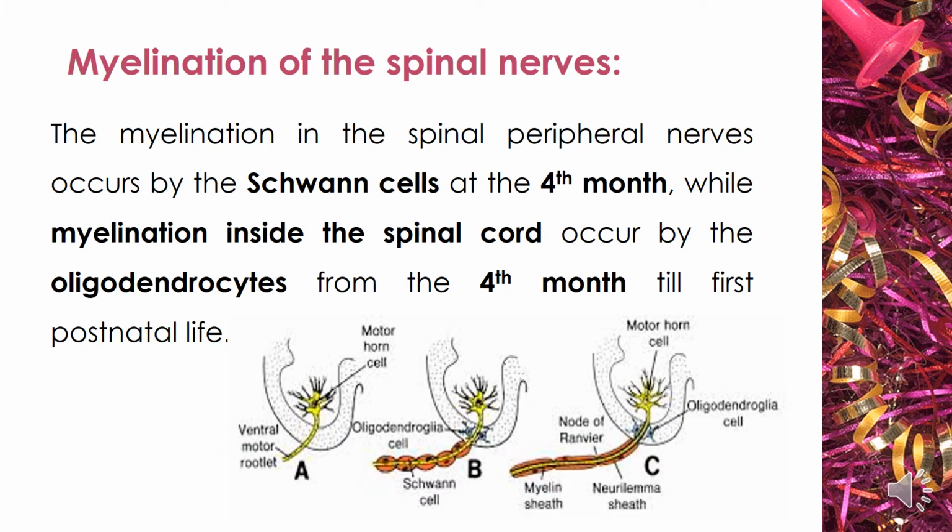Now, myelination of the spinal nerves. Myelination in the spinal peripheral nerves occurs by the Schwann cells at the fourth month, while myelination inside the spinal cord occurs by the oligodendrocytes, also from the fourth month until the first postnatal life.